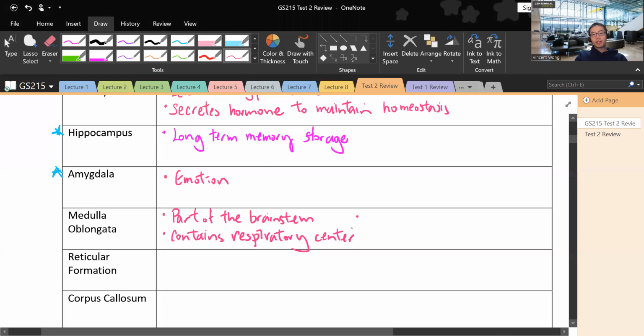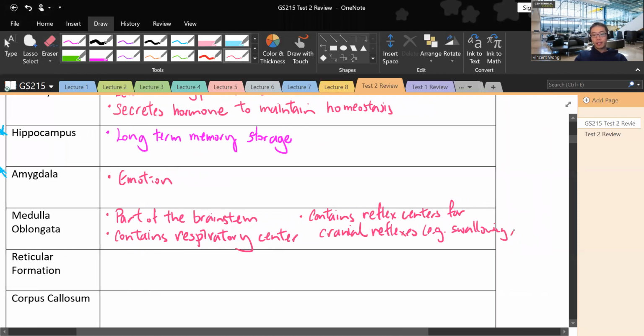The medulla oblongata also contains a reflex center for cranial reflexes, such as swallowing, coughing, vomiting and sneezing.